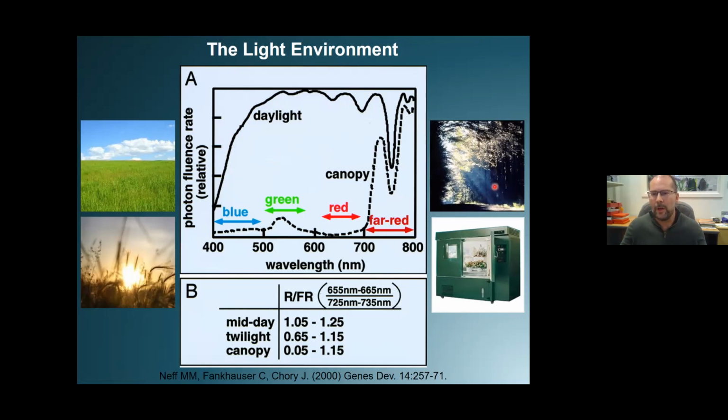So for example, plants within a canopy will experience different light qualities and quantities compared to those at the upper part of the canopy. And we'll probably hear a lot more about some of these things in Gabriella's talk, actually. So the light environment is dynamic and plants respond to this.